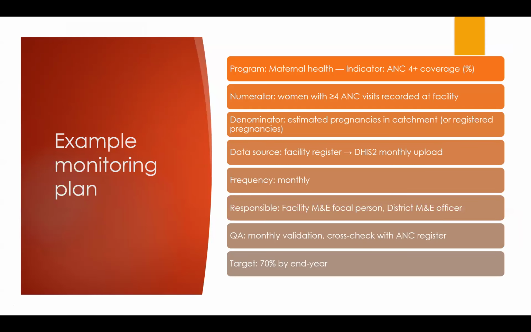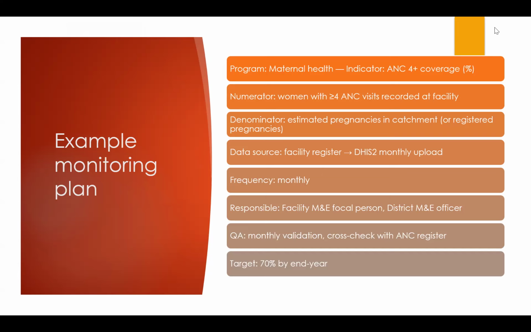Okay, so this is a small example of a monitoring plan of maternal health with indicators as ANC 4 plus coverage. For this, the numerator should be the women with more than or equal to 4 antenatal visits recorded at facility. Denominator should be estimated pregnancies in catchment or the number of registered pregnancies.